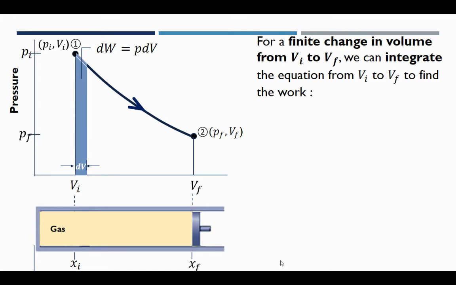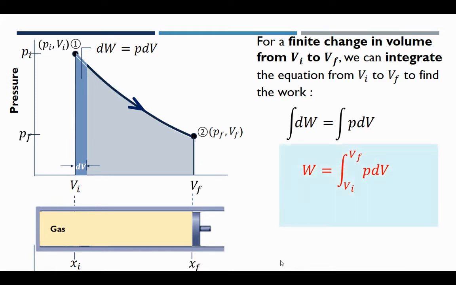For a finite change in volume from the initial to the final point, we can integrate the equation to find the total work W. So integrate both sides. The integral of dW is equal to the integral of P dV.